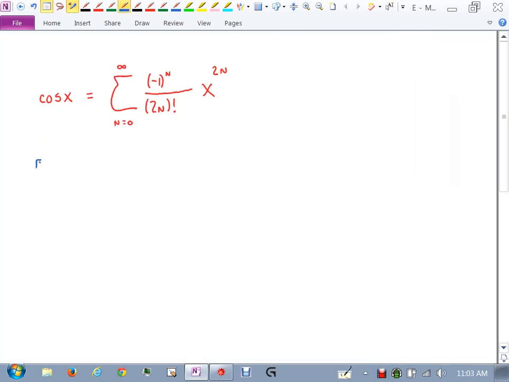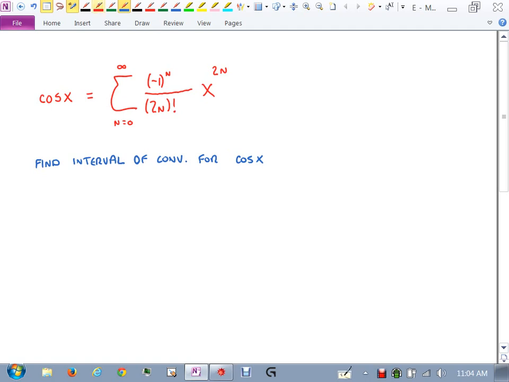So we are now going to find the interval of convergence for cosine x. So we'll set up a ratio test.